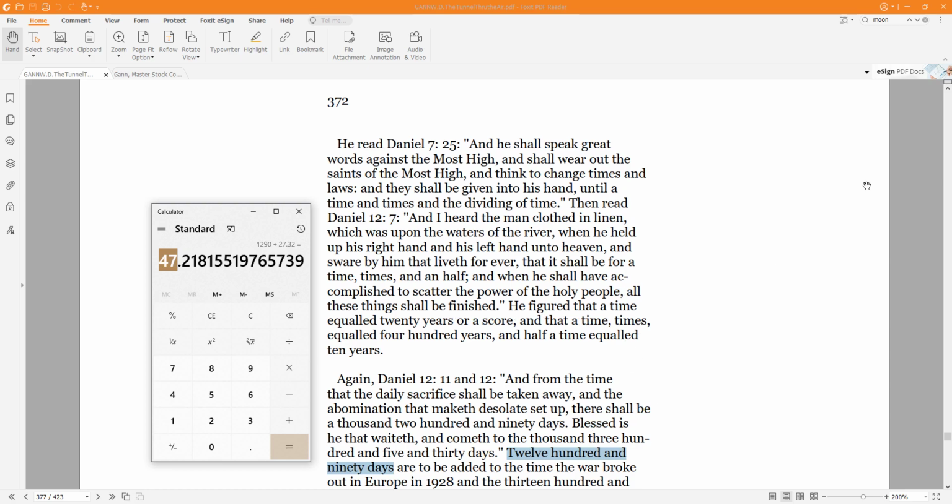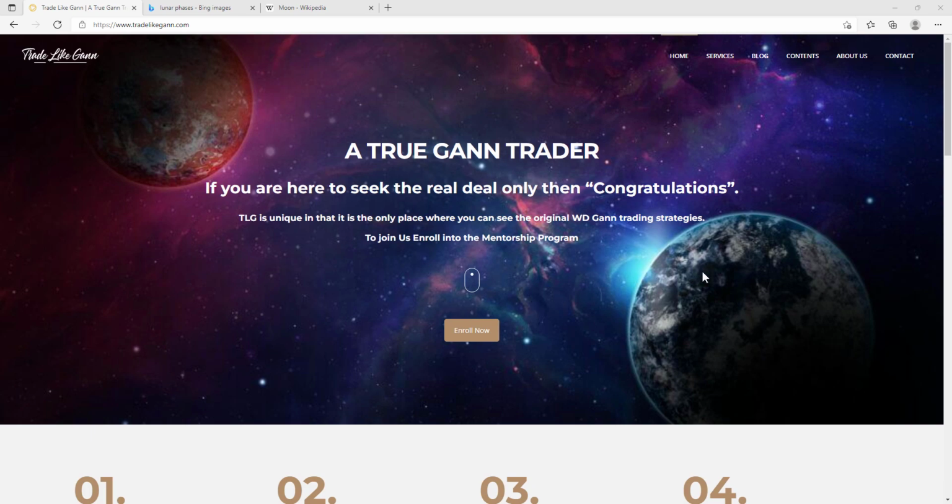There is some other information that I think is important so that you can understand the value of the real lunar time cycle. There are multiple levels of cycles.